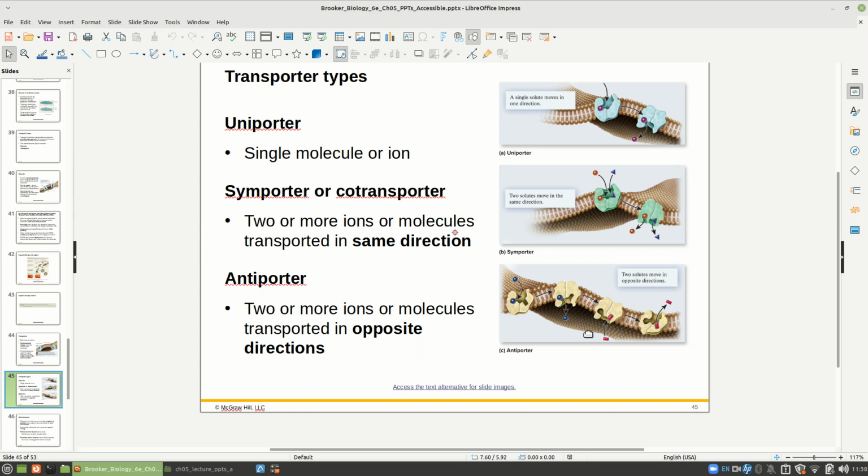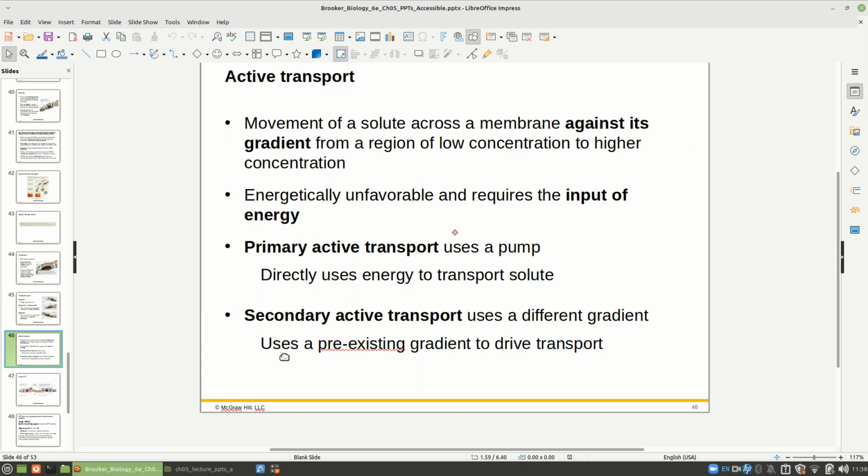So this let this one in, but you had to let one of these out in order to get this to continue. So there is an antiporter, a symporter. Contraporter could be like both of these in the same one, but we won't worry about it. Just symporter and antiporter will work. And then there's a uniporter. So make sure you know those terms for the exam.